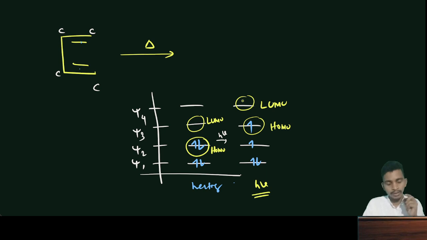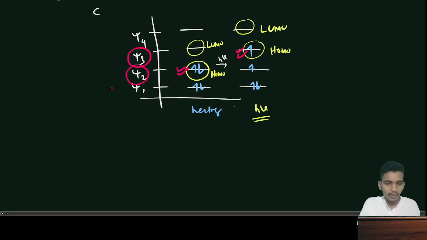Since this is an electrocyclic reaction, one substrate is used, so the HOMO is used to analyze the reaction. So in this case our HOMO is important. For this the HOMO is psi 2 and for this the HOMO is psi 3. So now we look at heating and photochemical conditions.